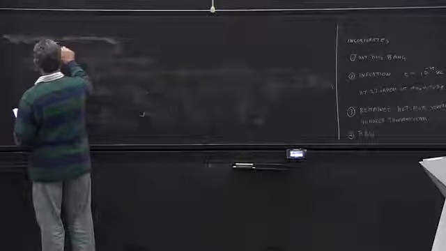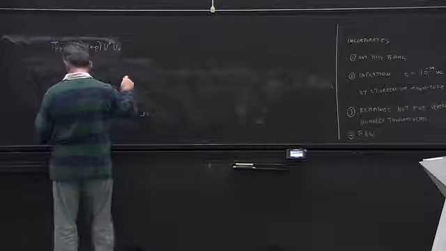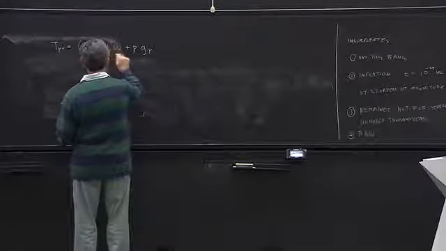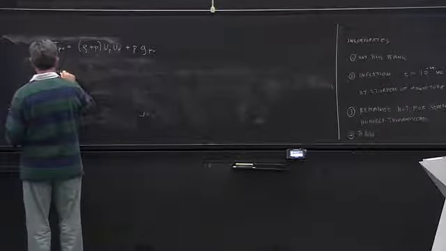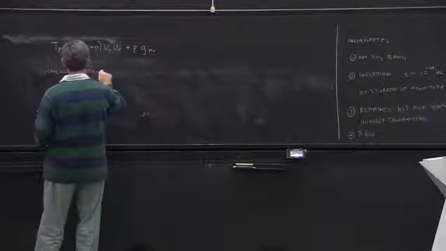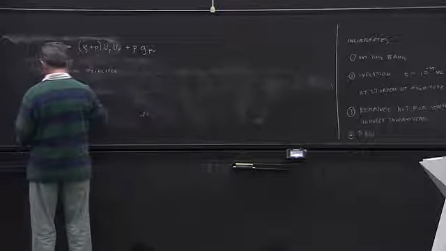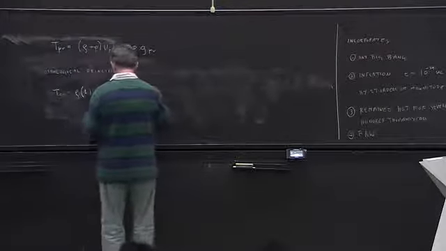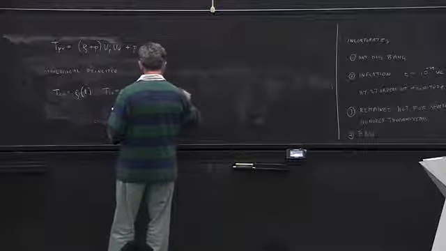So we're going to look at the T mu nu, which is rho plus P u mu u nu plus P g mu nu, and the cosmological principle says that T naught naught is just rho, T i naught is 0, and T ij is just the three-dimensional metric times P of t.